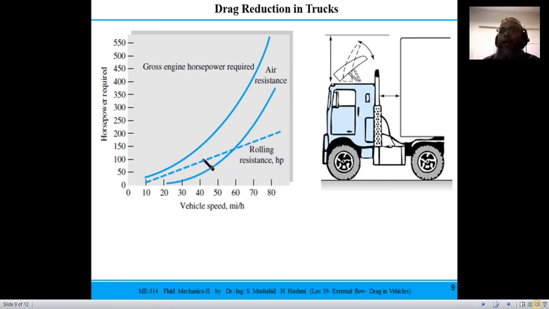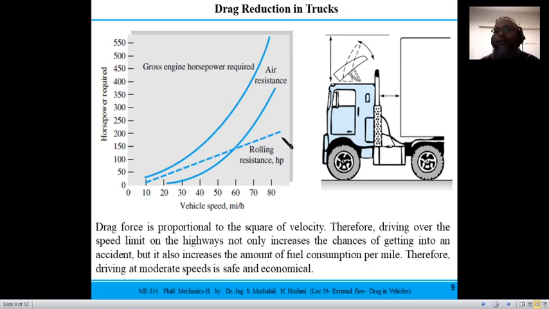If you add the rolling resistance and the air resistance, as we have seen in the problem, we will be able to draw this power versus speed curve. This power and speed are non-linearly related, and it is very important that this drag force is non-linear just because of the square of the velocity.